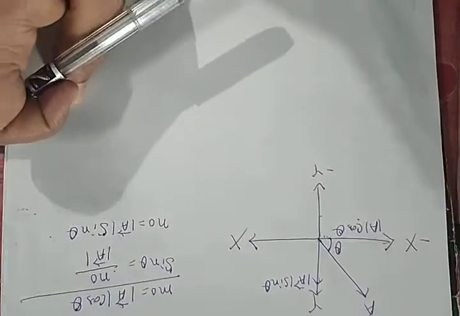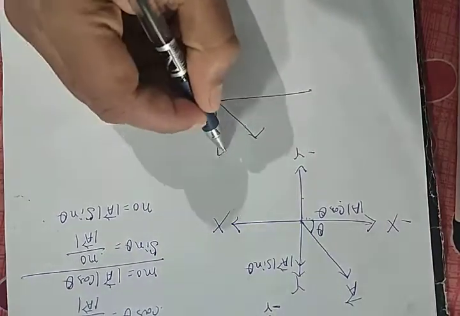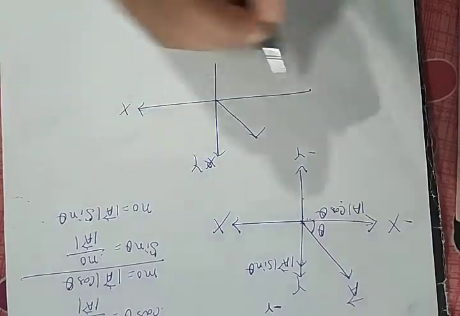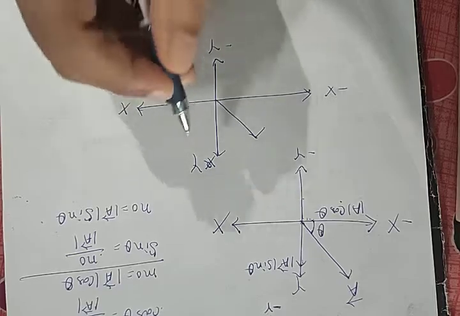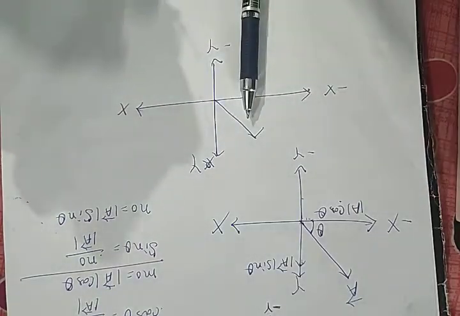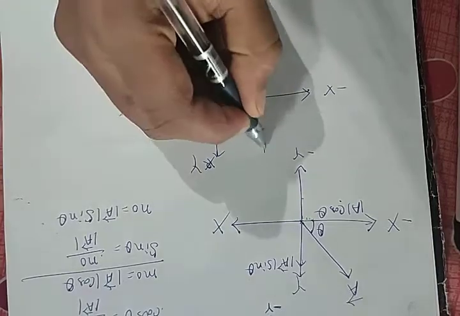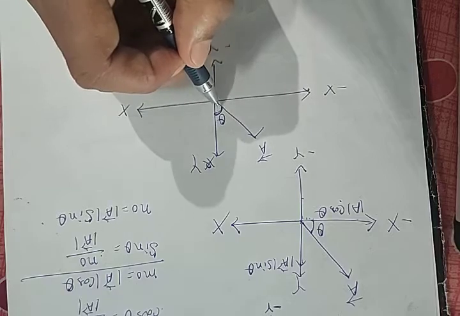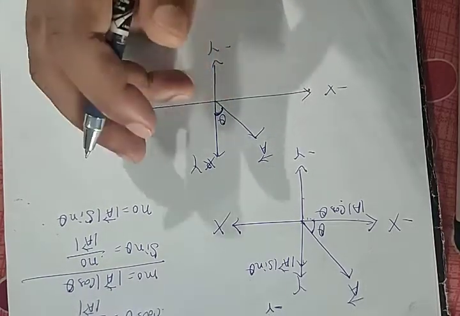So similarly, now in the same case, x-axis, y-axis, minus x-axis, and minus y-axis. If this is your angle theta, then the axis which is adjacent to your angle theta is always your cos component.